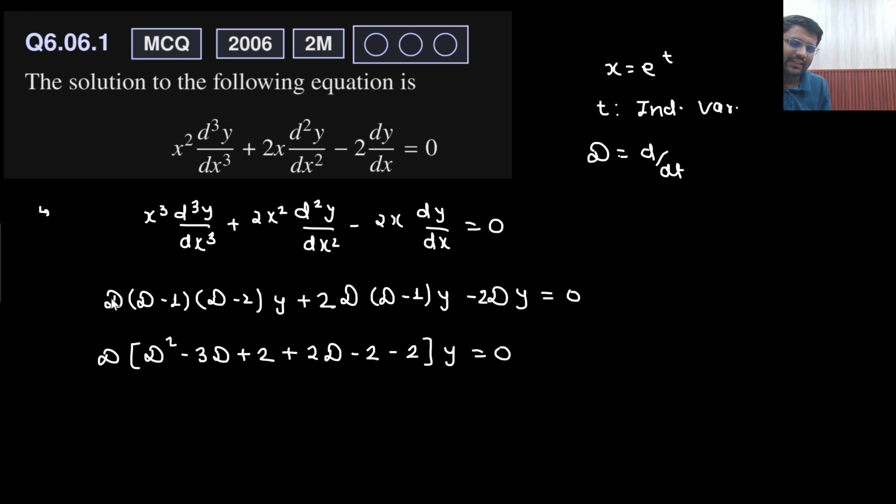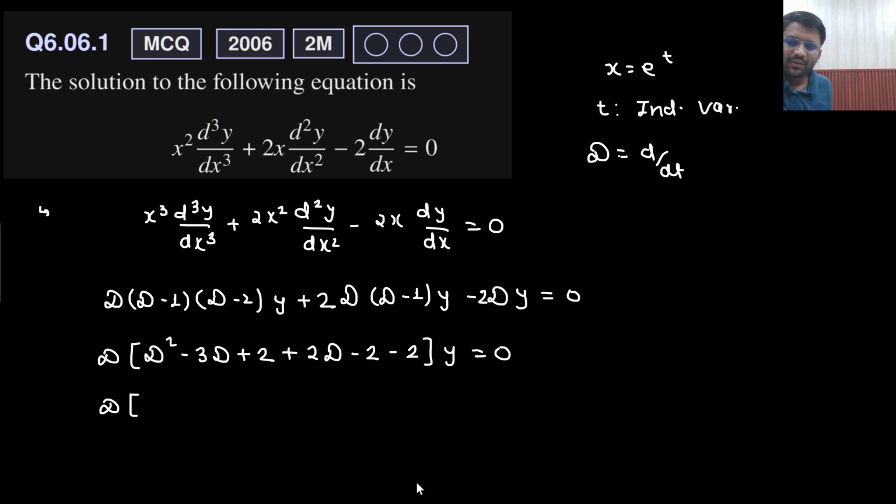I take d common, because d is coming common everywhere. Inside this, I will be left with d minus 1 into d minus 2. So it will become d square minus 3d plus 2, plus 2d minus 2, and then minus 2. Understandable?